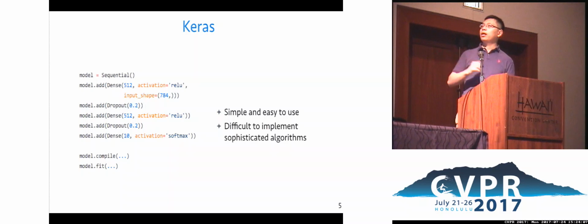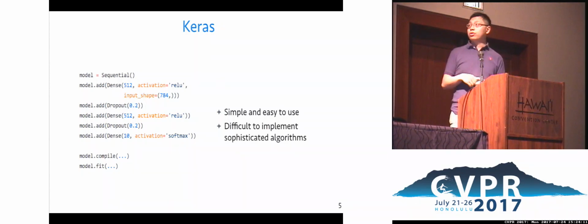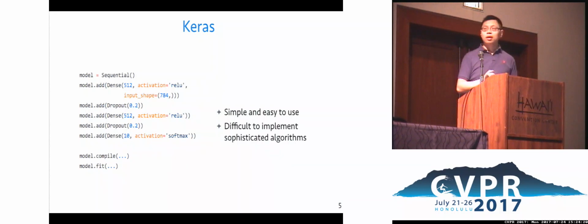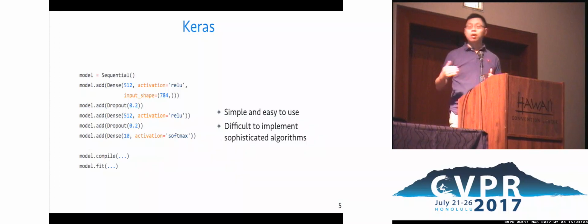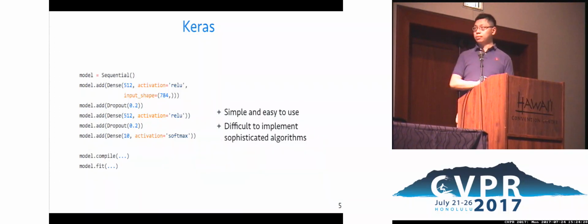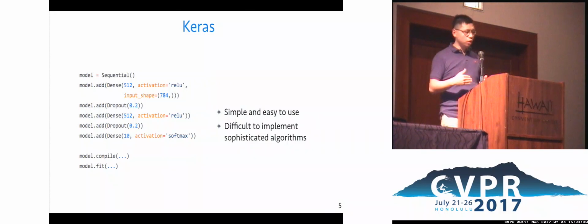It tells you that the dense layer output is 512 and the input shape is here. Then you can add dropout, add another dense layer, do dropout, and add another dense layer. Once you finish the definition of the model, you can compile, and then run training with model.fit. It's pretty easy to use.